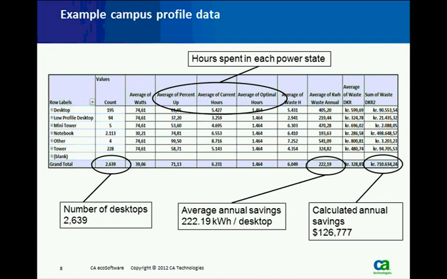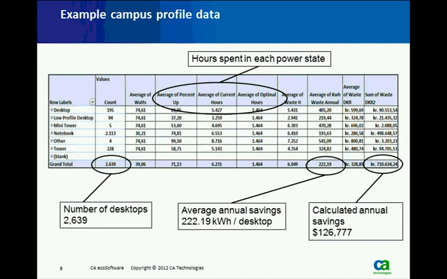The optimal hours is the optimal number of hours the PC should be on. So these folks are working, I would say, less than an 8-hour day. But you can see this column versus this column, the difference is significant. And this basically worked out to about 220 kilowatt hours per day.